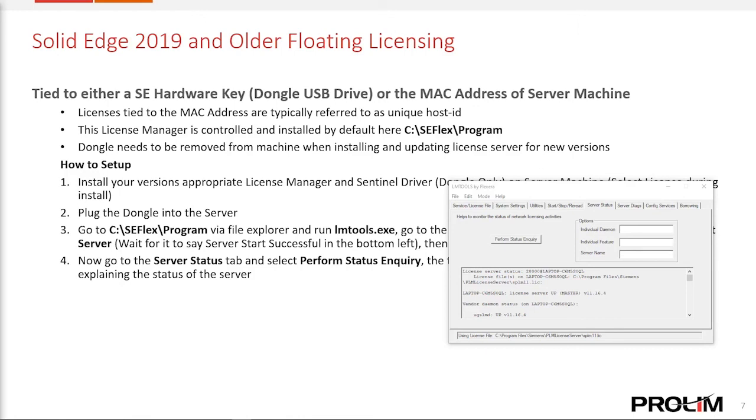That would be the name of the variable, and the value of the variable would be 27001 at the server name. So that's less commonly used, but you can use that environment variable. I know a couple customers that use that, but typically I always go with the license utility and just point it that way. I'm pretty sure doing the I have a license server name option does something with the environment variable as well, but I'm not 100% sure on that.